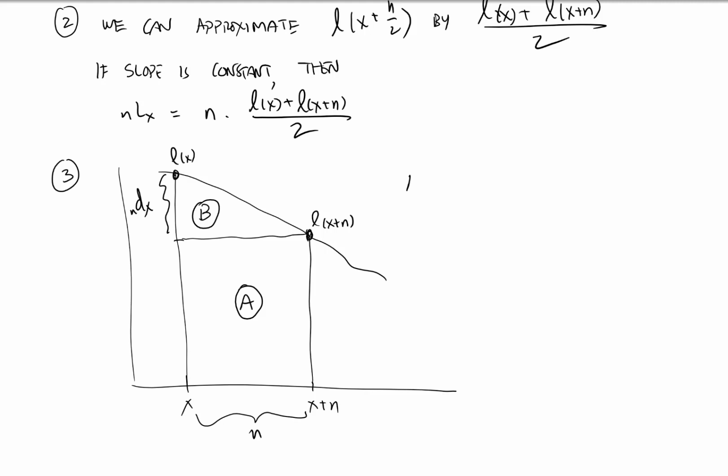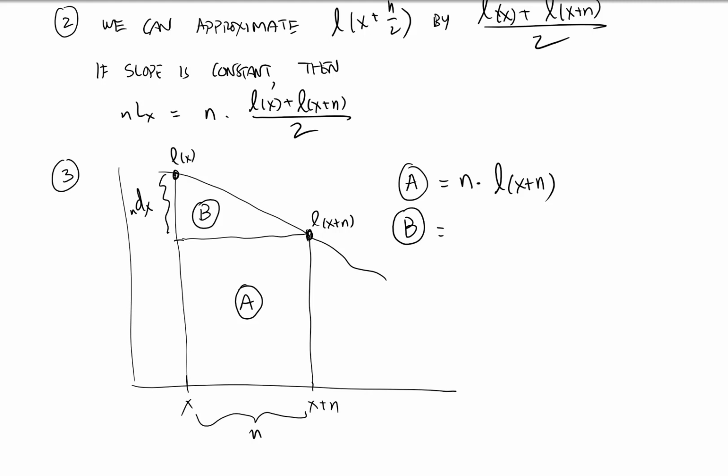So rectangle A is going to be equal to n times the height, Lx plus n. And this triangle B, if it's still linear, what is the formula for the area of a triangle?